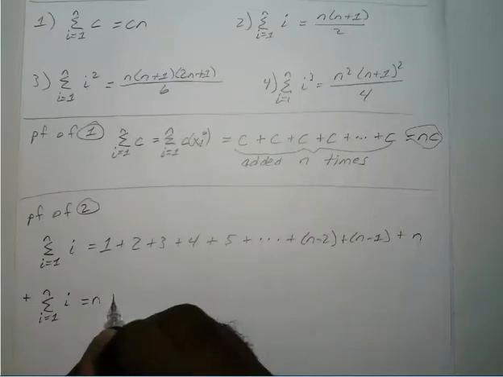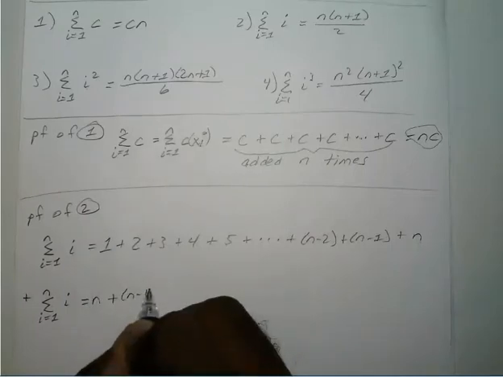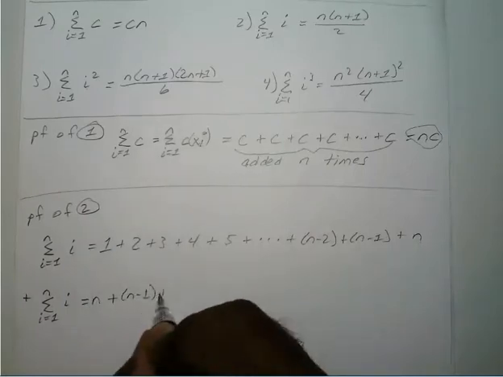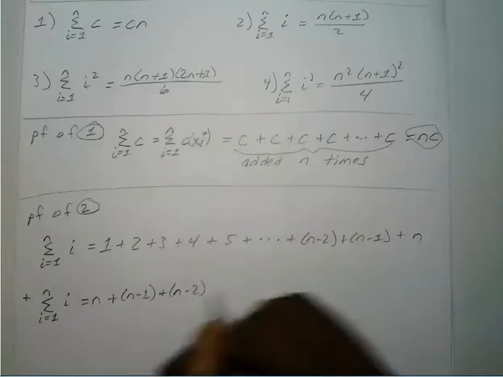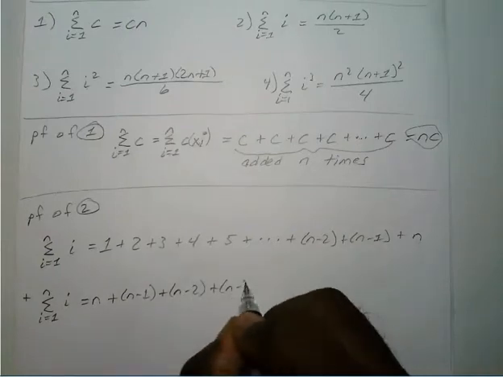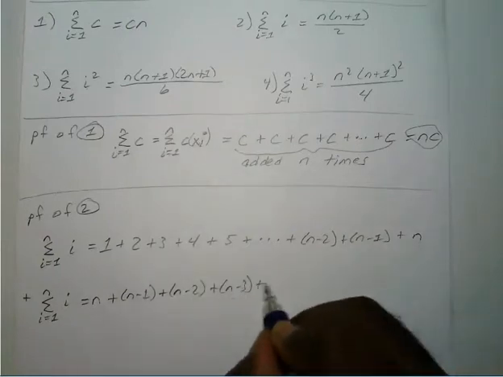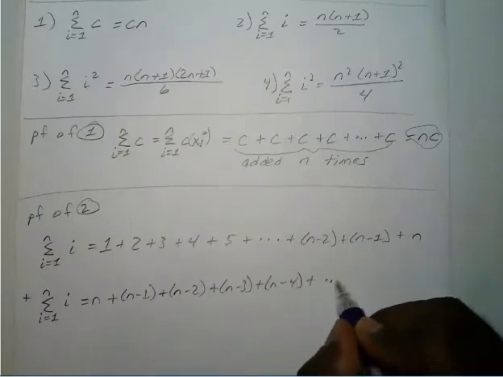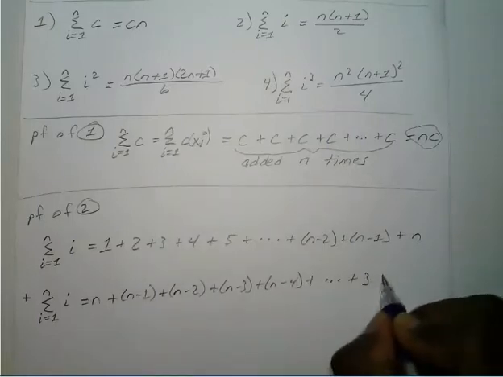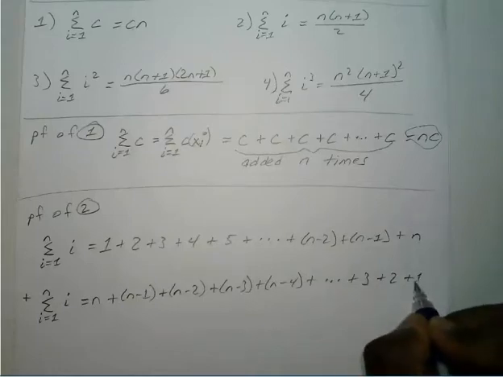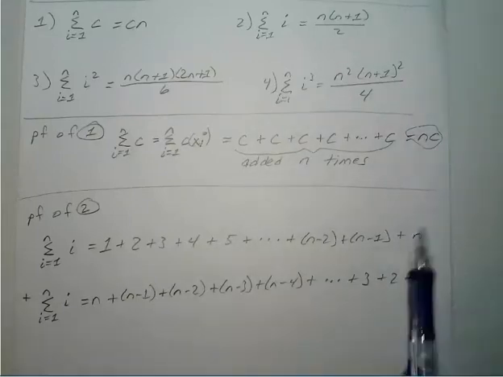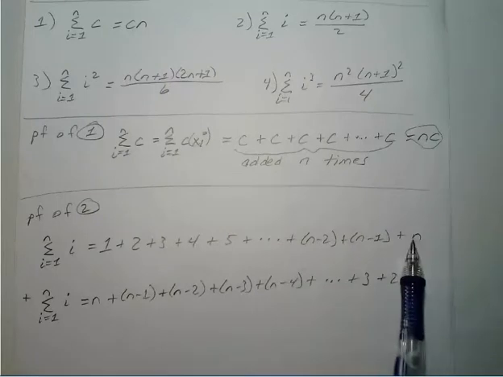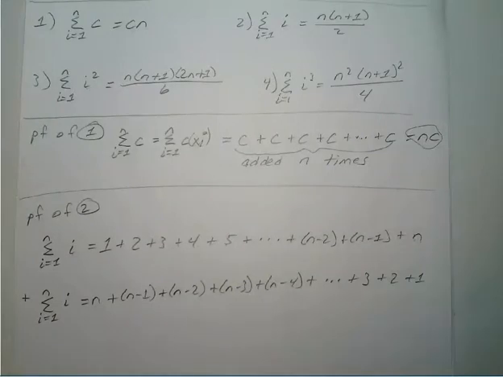So you have n plus n minus 1 plus n minus 2 plus n minus 3 plus n minus 4 plus all the way to 3 plus 2 plus 1. Okay, so we're just adding the same terms to each other. We're just switching them around. So we're starting with n, then n minus 1, n minus 2, going from there.